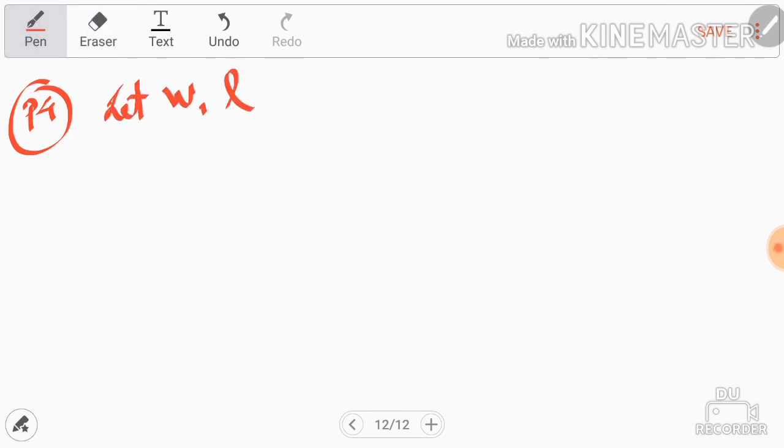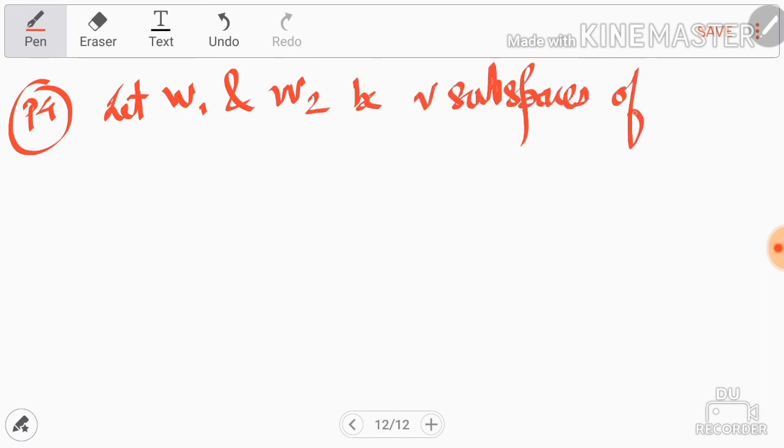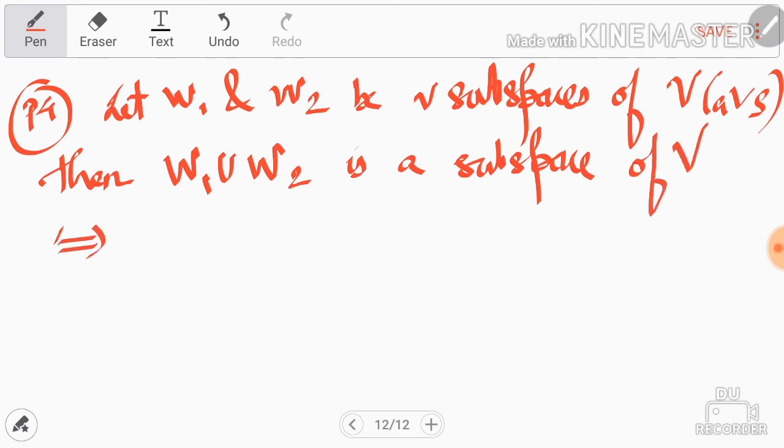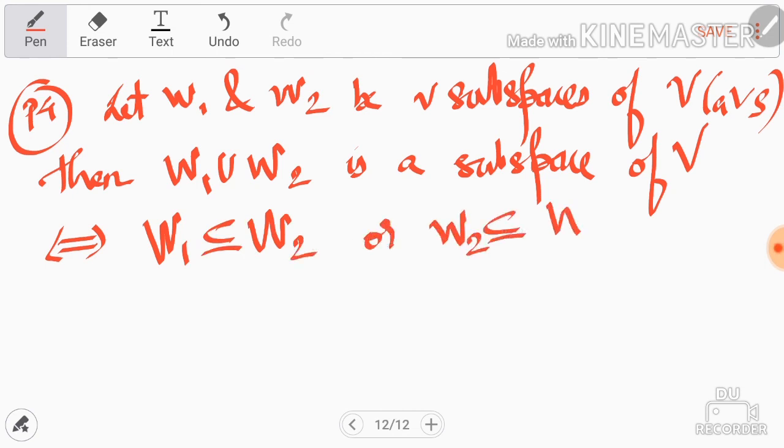So if you have two subspaces of a vector space V, then W1 union W2 can be a vector subspace of V if and only if either W1 is sitting inside W2 or W2 is sitting inside W1.